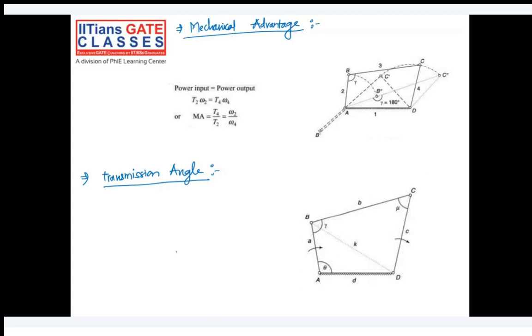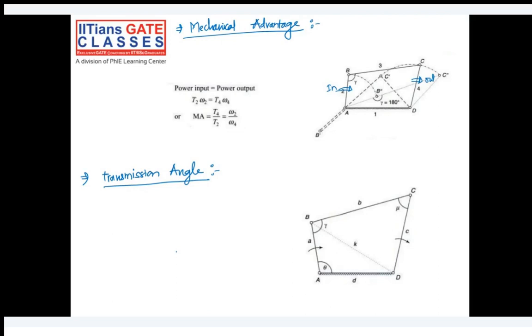If you ignore these two things, then we can say that whatever power you are giving as input, the power input means torque into the velocity at the input link. Suppose assume this as your input link. So this is your input, whatever you are giving here, and accordingly you'll get the output. So input power equal to output power, if you do, you will easily get the ratio of output torque to the input torque.